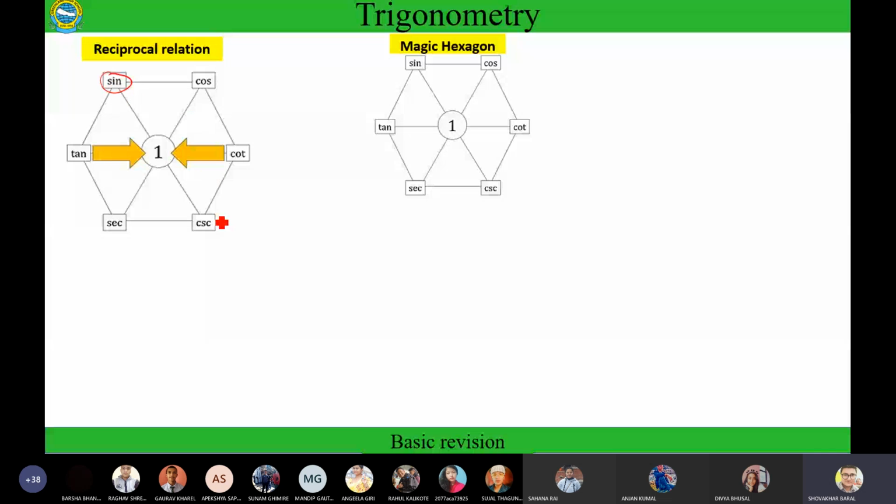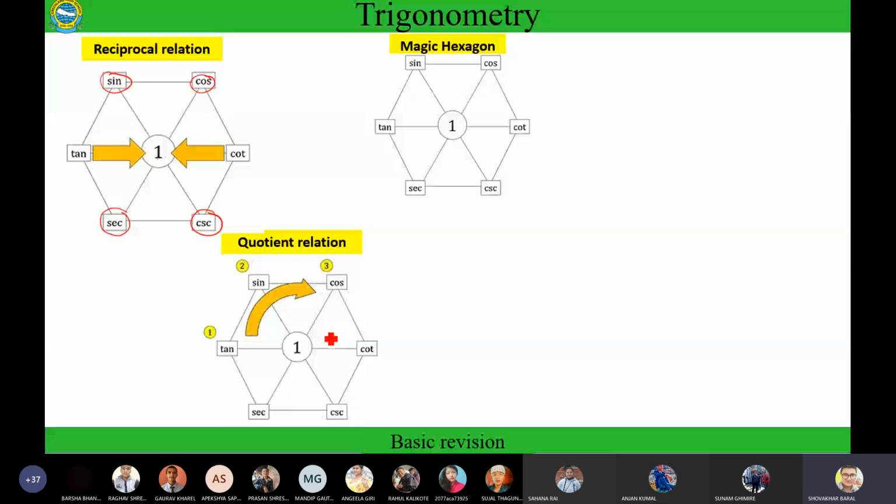Sin theta into cosec theta will be 1. Sin theta will be equals to 1 upon cosec theta. Cosec theta will be equals to 1 upon sin theta. Similarly, sec theta into cos theta equals to 1. Sec theta is equals to 1 upon cos theta, and cos theta will be equals to 1 upon sec theta. This is reciprocal relation.